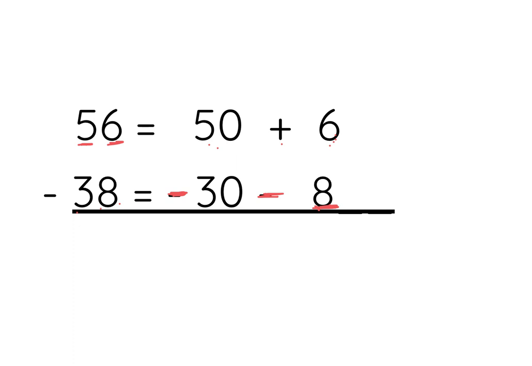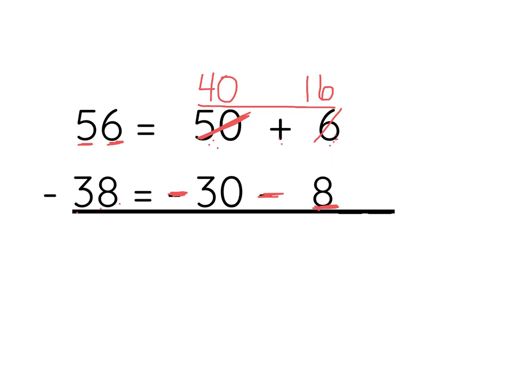So that 6 is going to come to the 50 and regroup that 50 into a 40 and a 10. I'm going to put that 6 with the 10, so it's actually a 16 now. So it still has the same value. 50 plus 6 is the same as 40 plus 16.